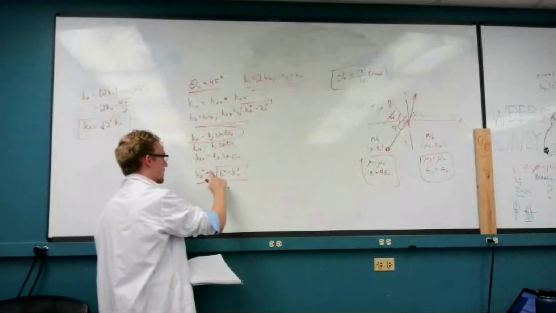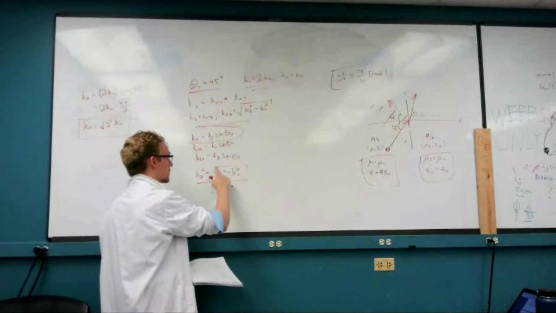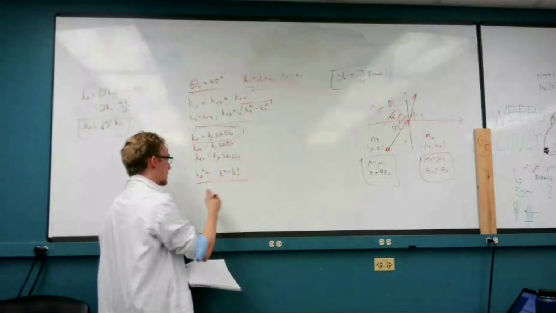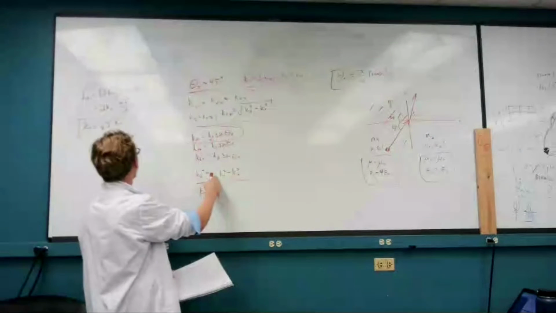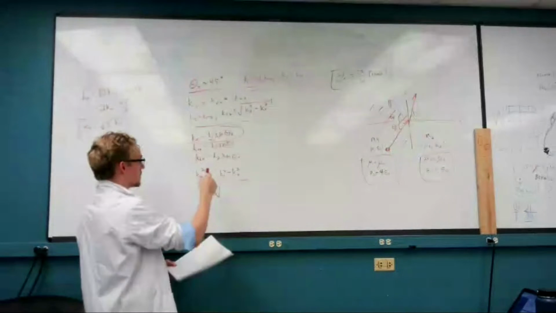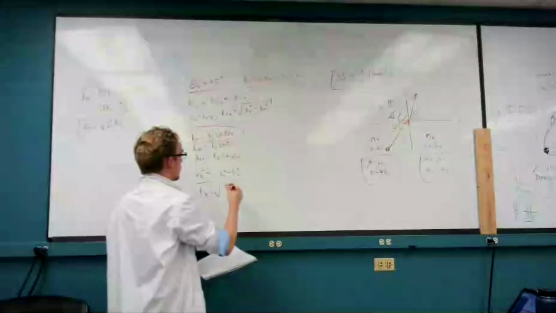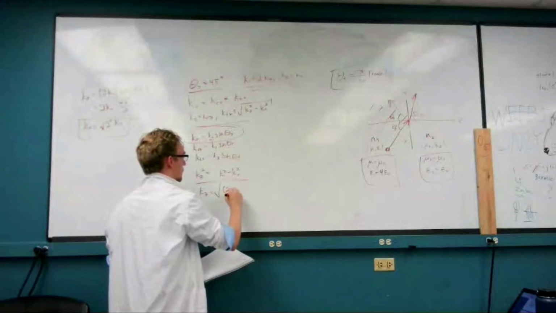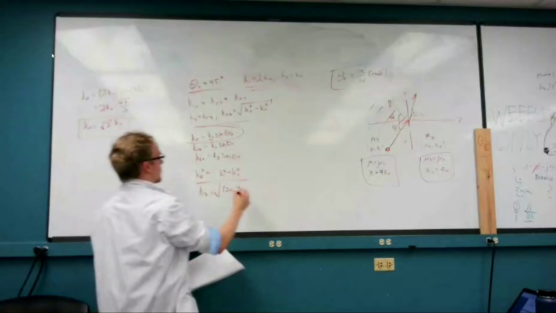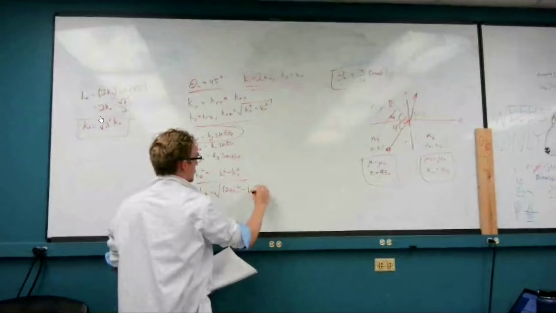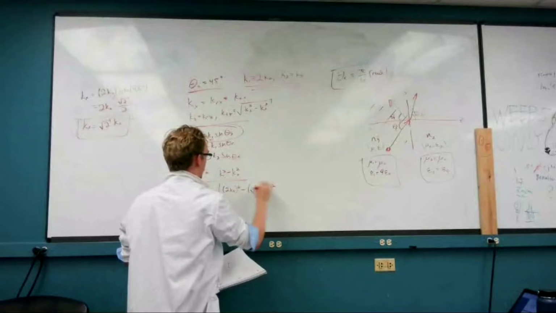Sorry, this is actually kz squared equals k1 squared minus kx squared. So kz equals the square root of k1 squared, which we calculated was 2 k naught, minus kx squared, which is square root 2 times k naught.